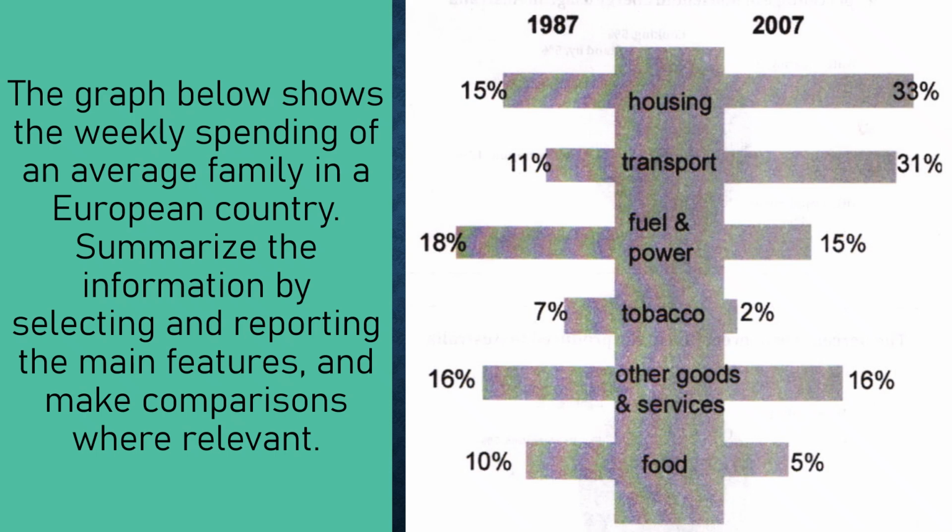The graph below shows the weekly spending of an average family in a European country. Summarize the information by selecting and reporting the main features and make comparisons where relevant. Almost the same statement that we usually see with this kind of graphs. So we follow the same pattern.